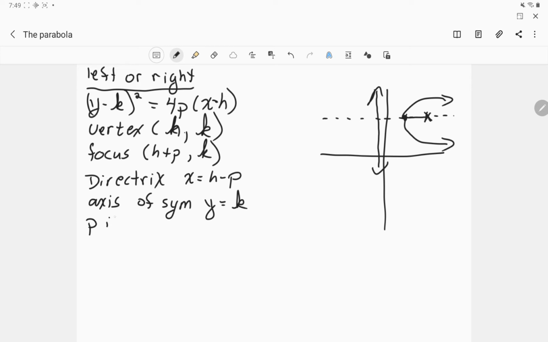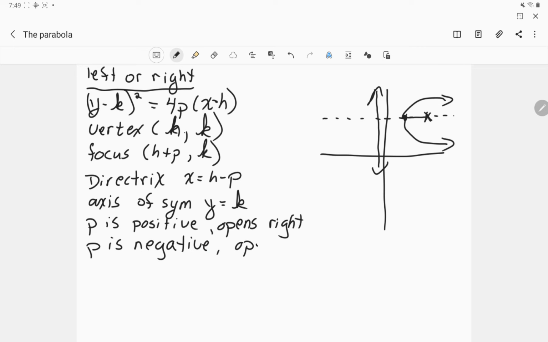If your p is positive, then the parabola opens to the right, like this one. If your p is negative, then it opens to the left.